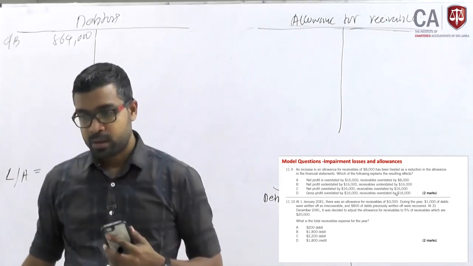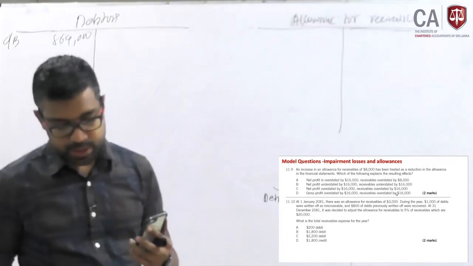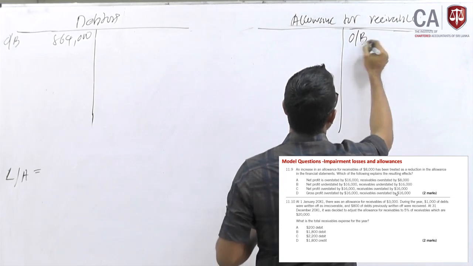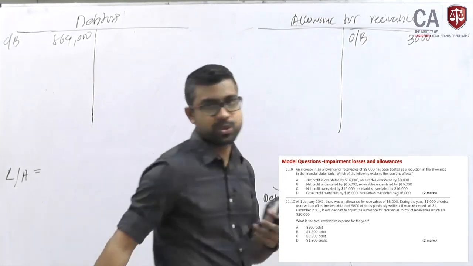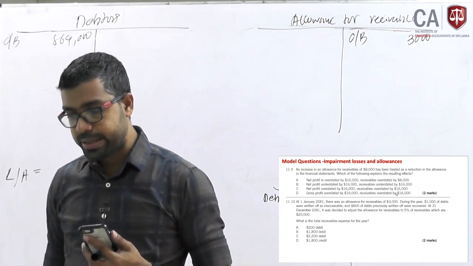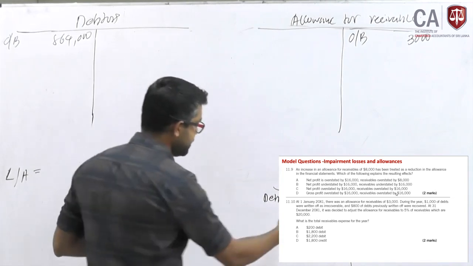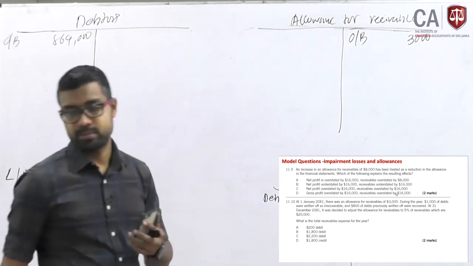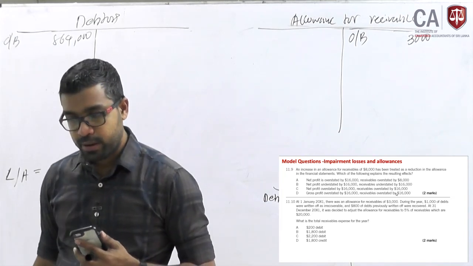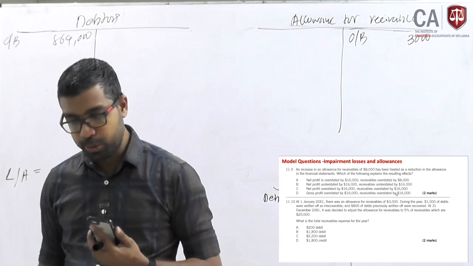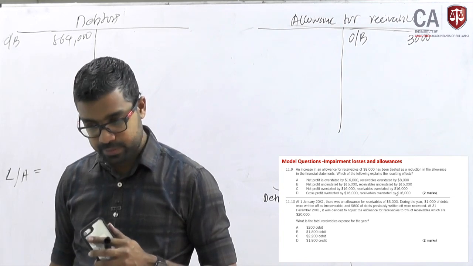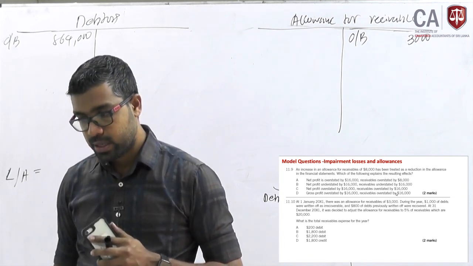Opening balance, loss allowance for receivable 3,000. Quickly you should have answered this question, since we have done many questions. During the year 1,000 debt was written off as irrecoverable, and 800 debt previously written off was recovered.